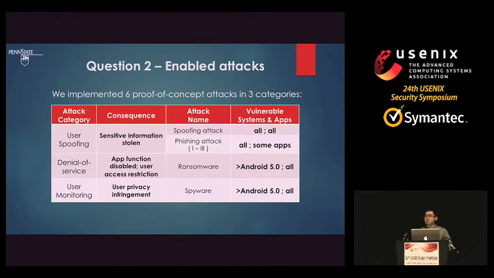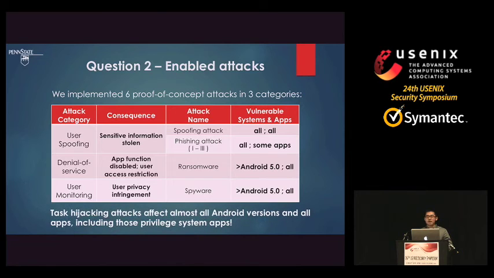So the consequences are severe. For example, sensitive information stolen in a phishing attack, user access restriction by ransomware, or user privacy infringement by spyware. And it turns out that task hijacking attacks can affect almost all Android versions and all applications, including those most privileged system apps.